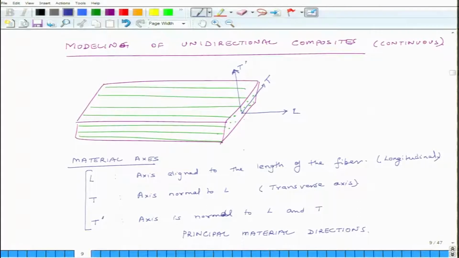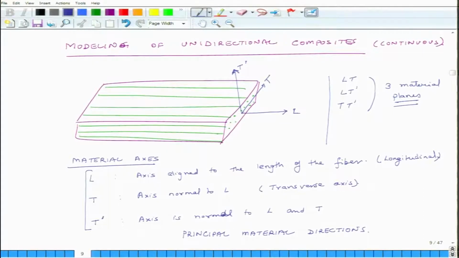Now, if I have a unidirectional composite and this is just a flat layer, and in this layer all the fibers are running in the L direction, then these 3 planes, for reasons explained earlier, the plane LT, the plane LT prime and the plane TT prime, they are 3 material planes, and in these planes, within the plane itself, the material properties will be isotropic for exactly the same reason which we had explained in the last class.